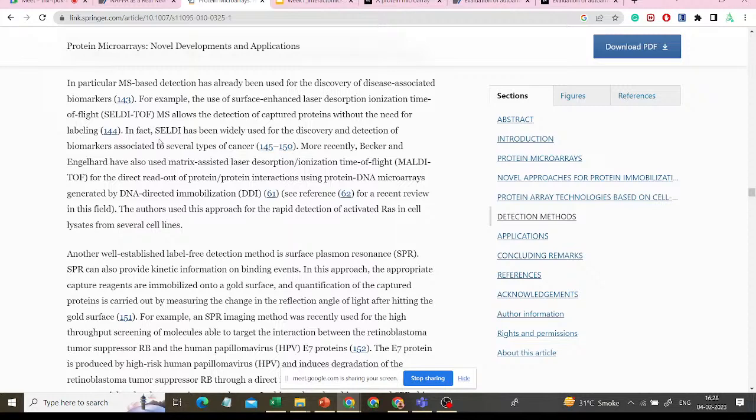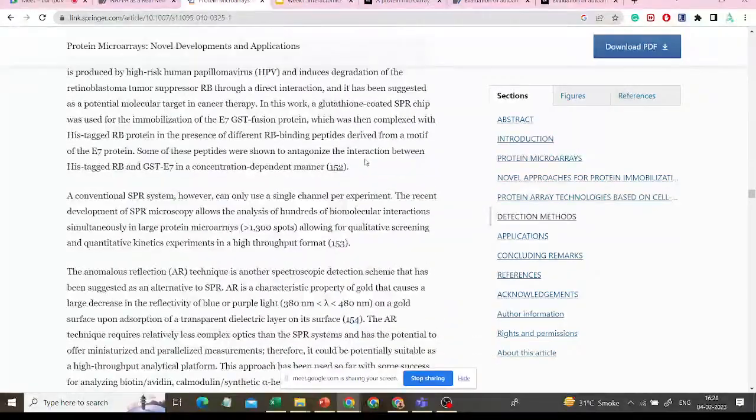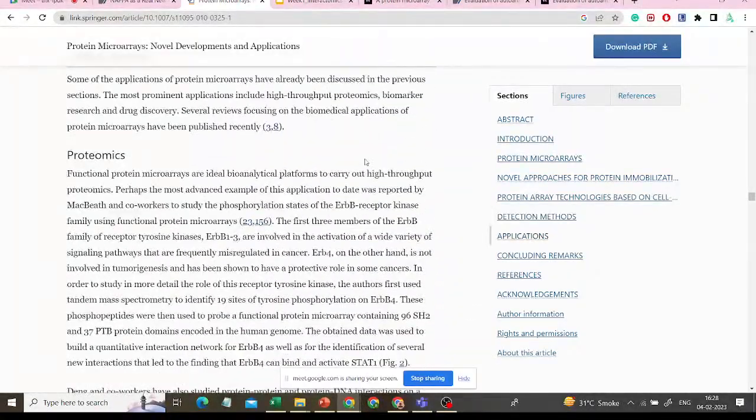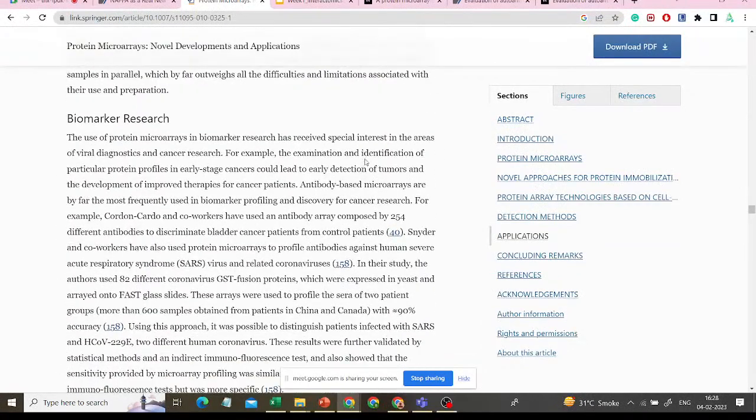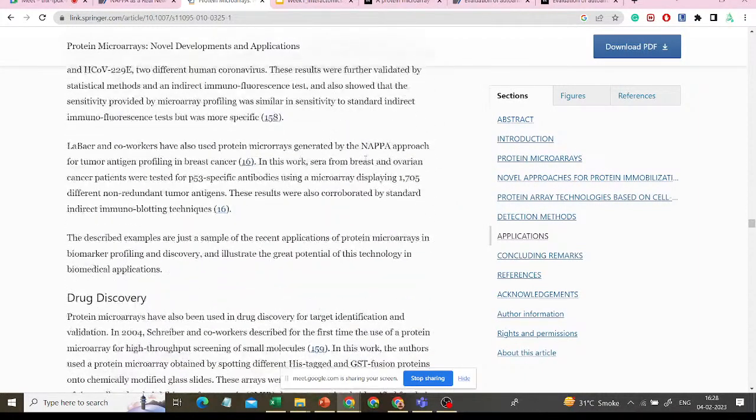You can go through it to understand the different time-of-flight mass analyzers and the different ionization techniques. If you go through it, I think you can understand the whole of the microarray, how biomarker research is done and how it is helping to understand.